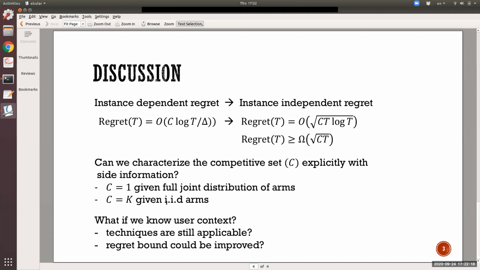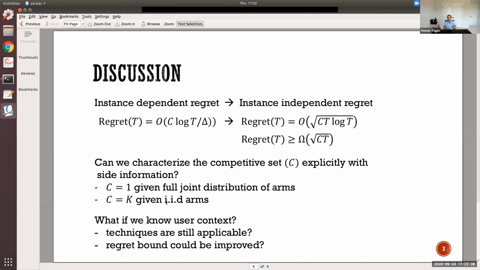Yeah, thank you. Right. The first question, I think the answer is still open. For the instance independent regret, to the best of my knowledge, there is no result that gives it as a function of the number of competitive arms. That's a good open direction to pursue.